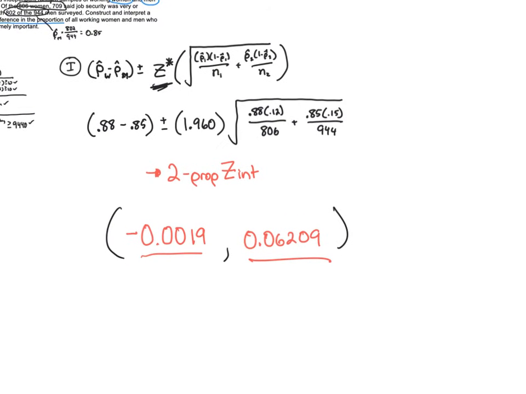All right, I'm going to stop and pause because the one number that I care most about, and I want you to always think this, is 0 in my interval.